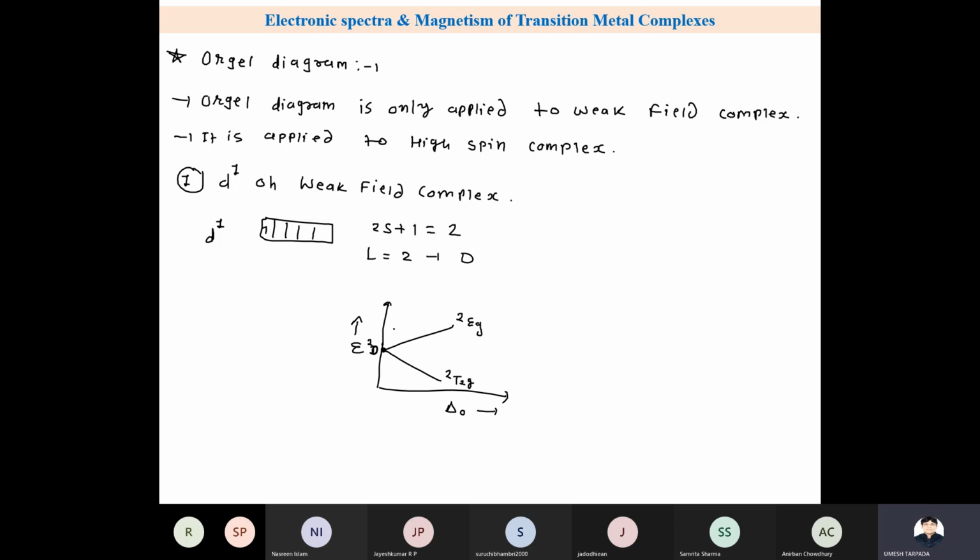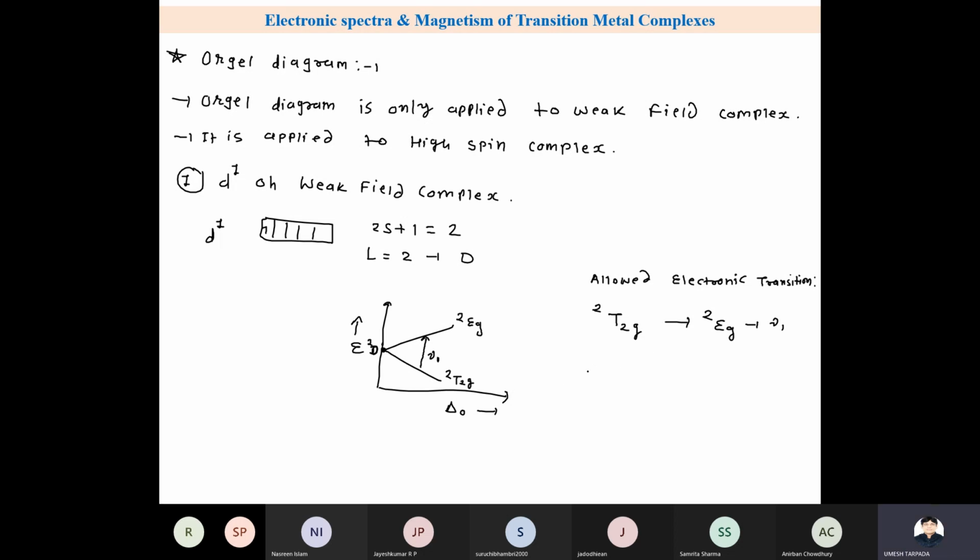How many different transitions are there? You can have only one. The allowed electronic transition is only one, that is from the doublet ground term T2g to doublet Eg.